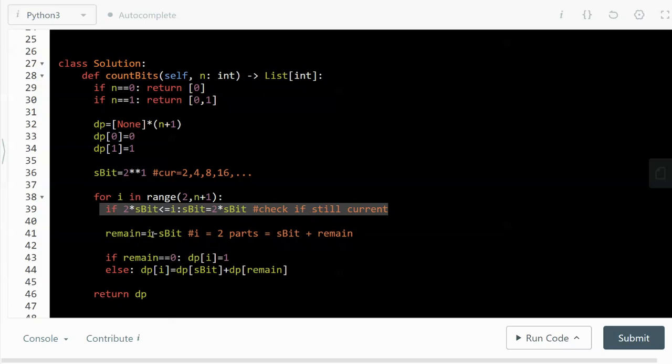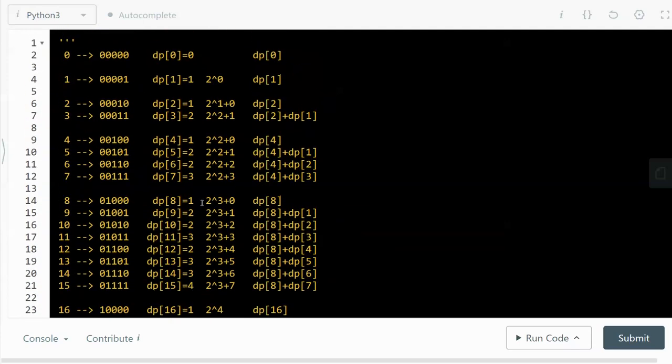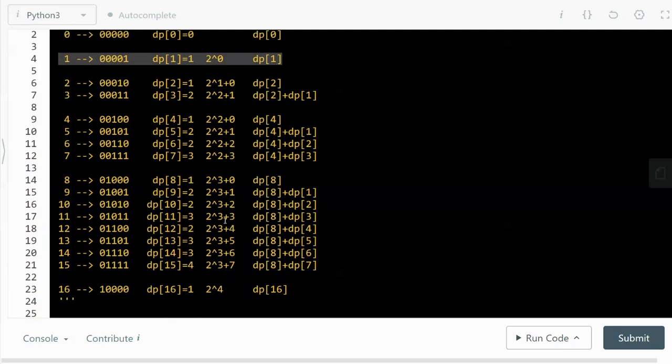And now we can decompose the number. Basically i is equal to the two parts that we talked about. One is the significant bit, and the other is the remainder. We can rearrange the terms so that remain equals i minus the significant bit. If the remain equals 0, the dp of that will be equal to 1. Basically, this is for this line over here, this line, this line, and this line over here.